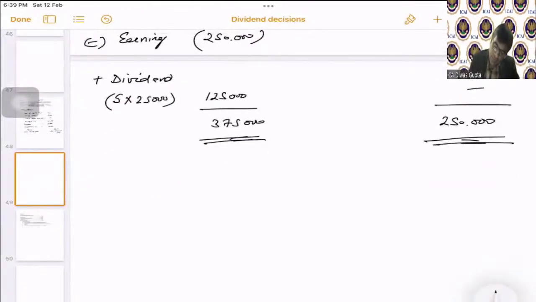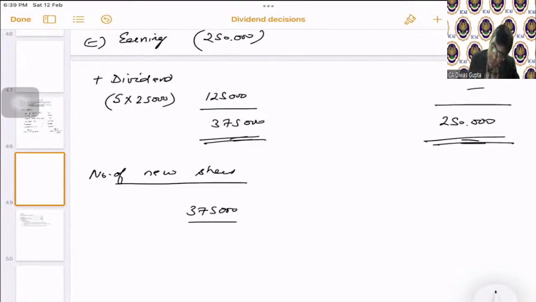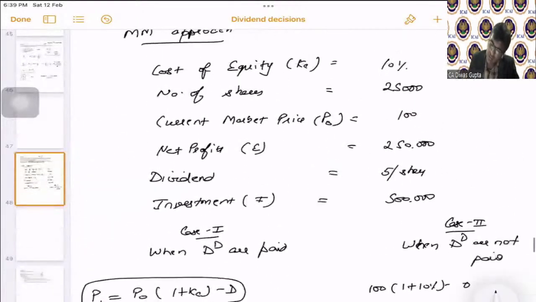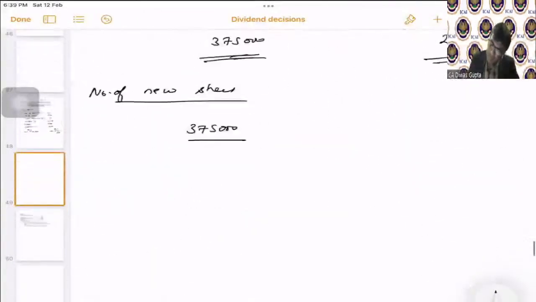Then step 3 was to calculate the number of new shares. So in this case, it will be 3,75,000 divided by 105, and in this case it will be 2,50,000 divided by 110. Right, students? I hope this is okay.